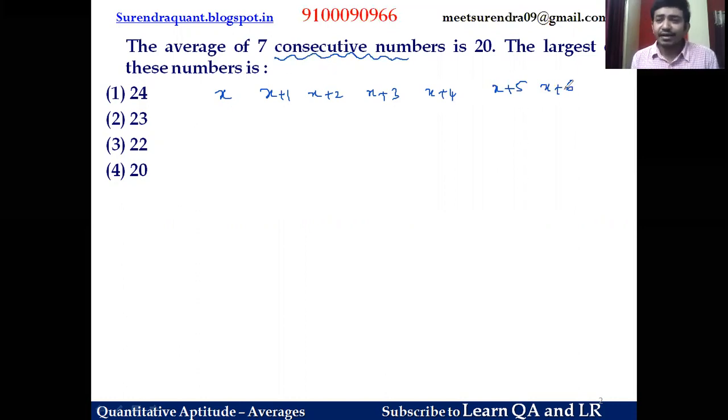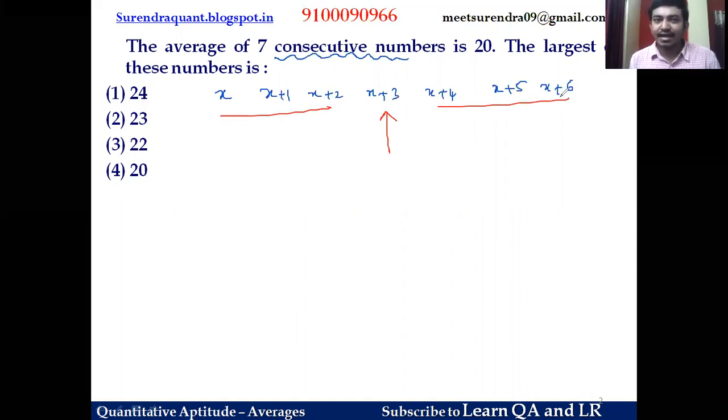There are 7 such consecutive numbers, right? So friends, when the elements are in AP, when there are constant differences between the numbers, then simply the middle term is the average. Here the differences are 1, 1, 1. Consecutive numbers are in AP only. What is the middle term here? x plus 3 is the middle term, because you leave 3 terms on the left side and 3 terms on the right side.